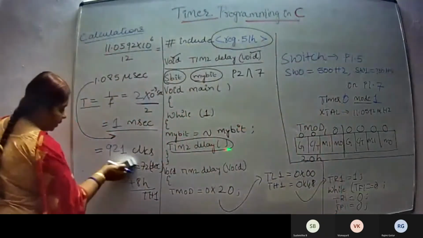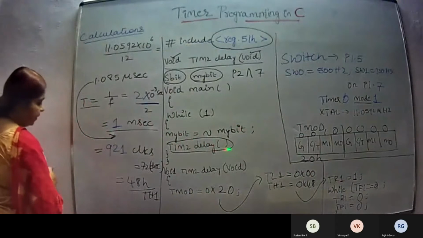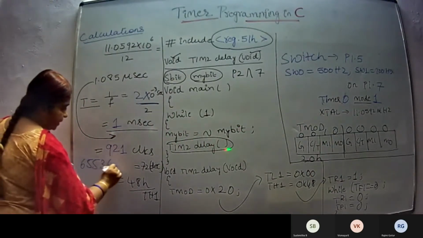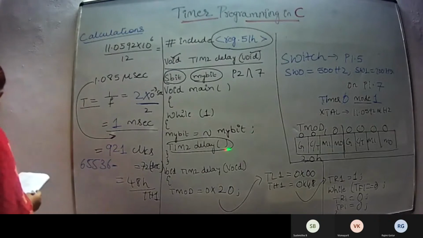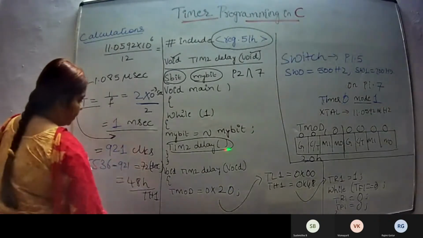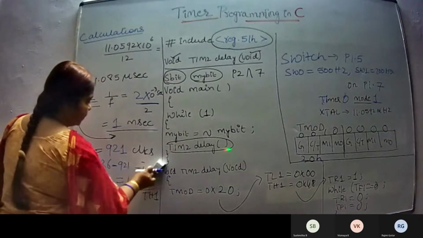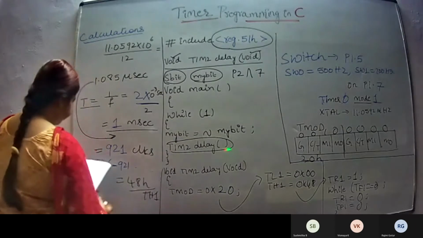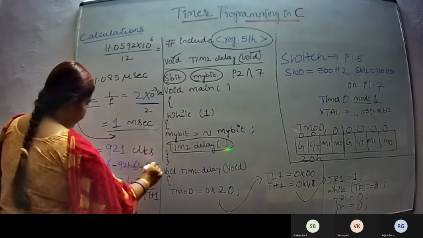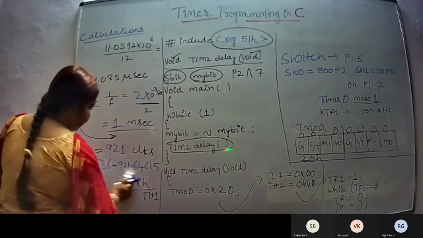So what will be the maximum count? For 16 bit, it is 65536 minus 921. After subtracting, the answer we get is 64615, that is in decimal.